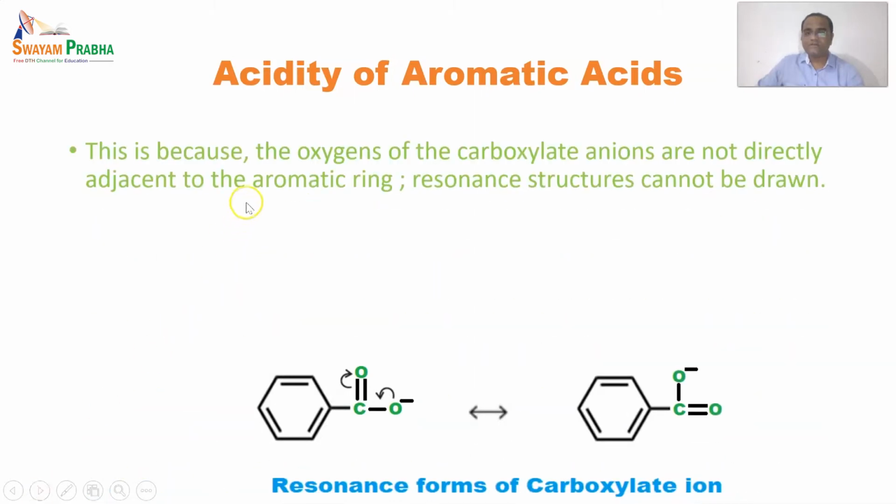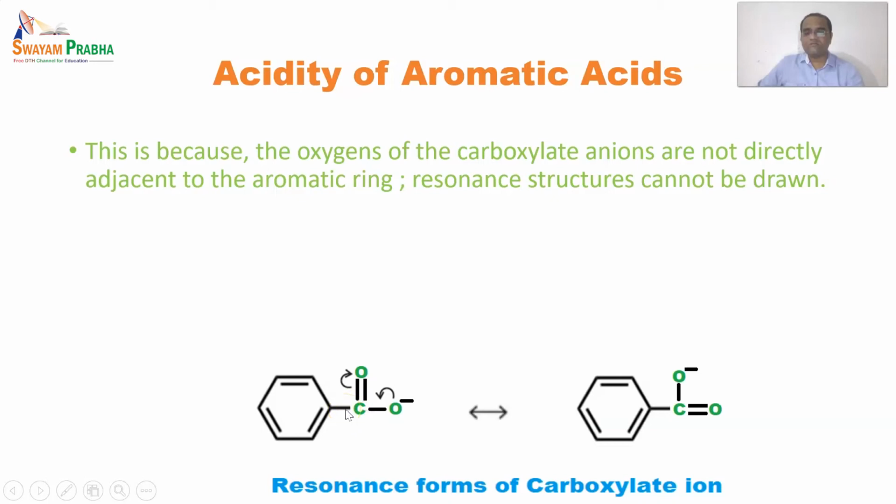Some more explanation. This is because the oxygens of carboxylate ions are not directly adjacent to the aromatic ring, and resonance structures cannot be drawn. So whatever we were talking about, these carboxylate anions are not directly attached to the ring.